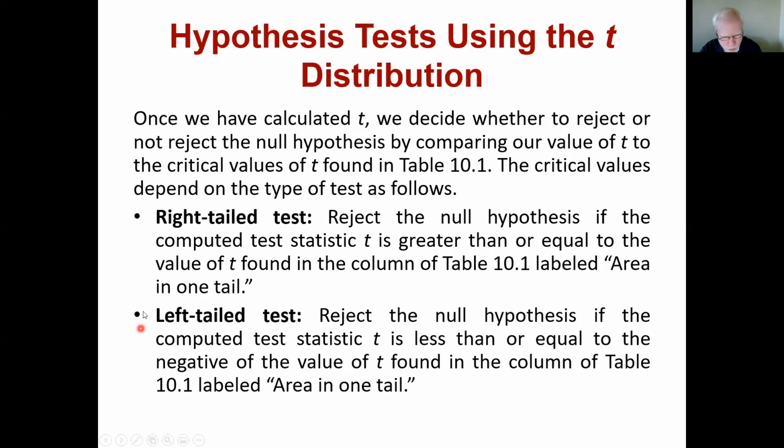For a left-tailed test, we reject the null hypothesis if the computed test statistic t is less than or equal to the negative of the value of t found in the column of table 10.1 labeled area in one tail.